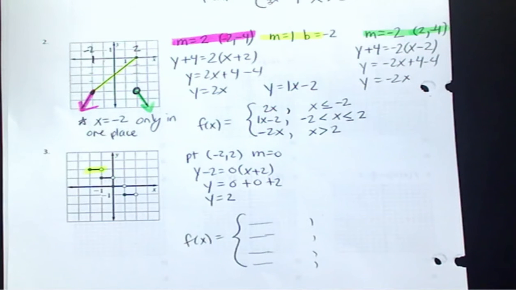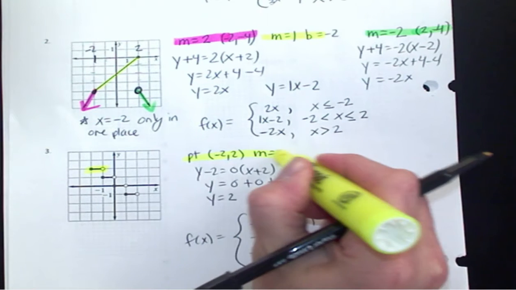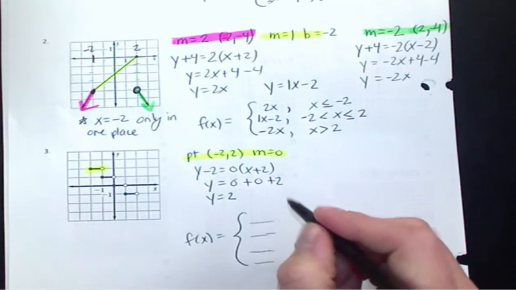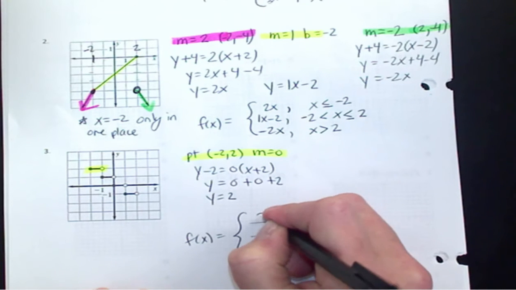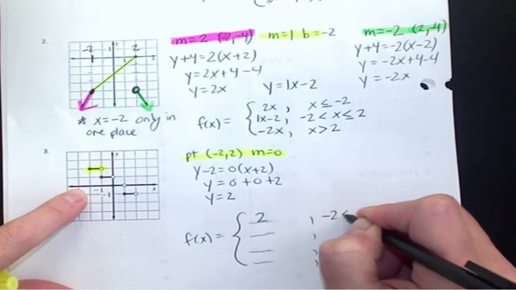Well, it's a horizontal line. Right? Maybe you forgot how to write the equation of a horizontal line. So I still picked point slope form, filled it in. Okay, so y equals 2, but where?